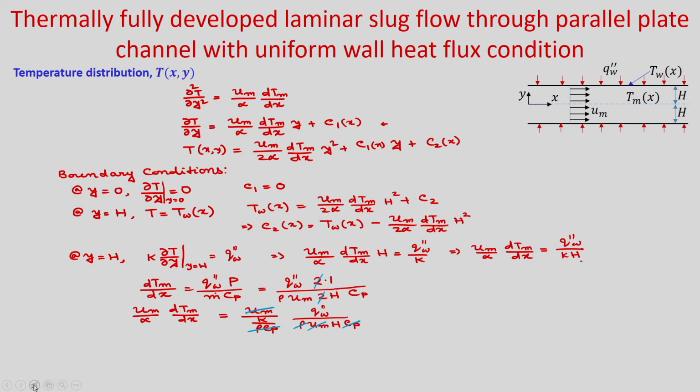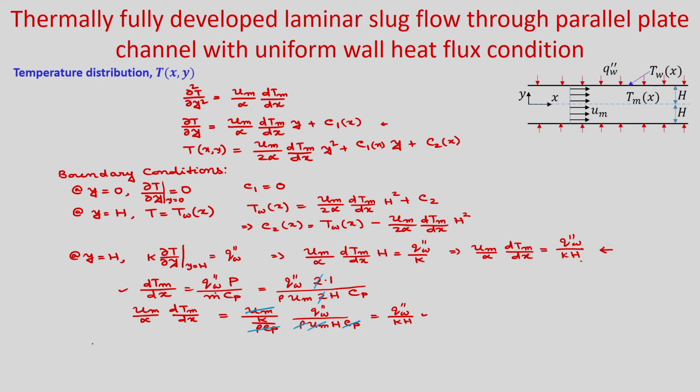Finally, you will get q double prime w by k h. So from here we found u m by alpha dTm by dx as q double prime w by k h, and directly from the expression also we got q double prime w by k h. Now, you write the final temperature distribution putting the value of C 2.